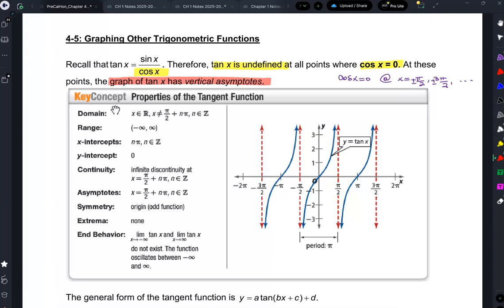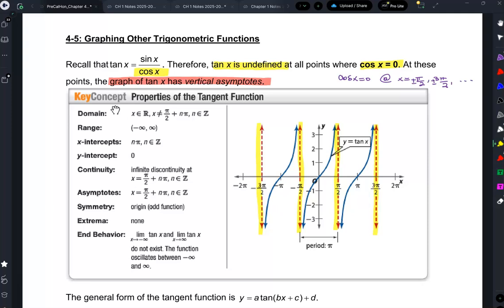And if you look at the tangent here, this is what the graph of the tangent function looks like, all right? And you see there are asymptotes at pi over 2, negative pi over 2, 3 pi over 2, negative 3 pi over 2. These are the points where the cosine is 0, so the tangent is undefined.